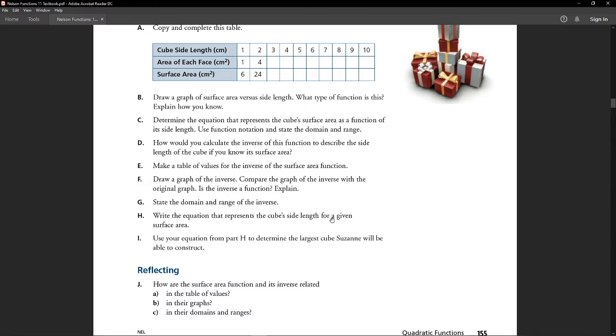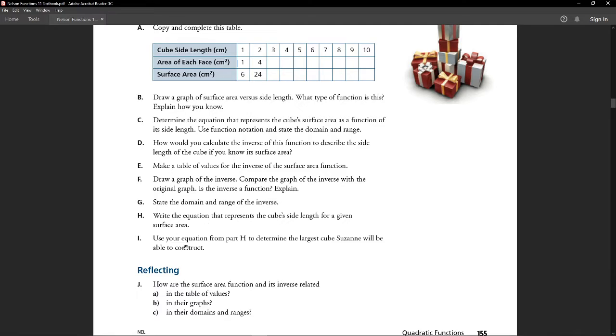It's just side length cubed, right? No, that doesn't make sense. Write the equation that represents the cube's side length for a given surface area. Oh, so it's area divided by 6, square rooted. Square root of the area divided by 6, right?